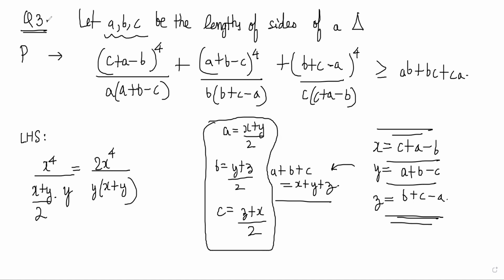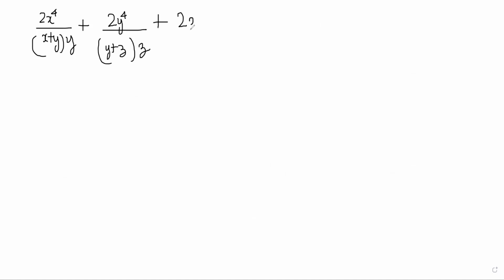So let's write the inequality in terms of x, y, and z now. It is 2x⁴ / (y(x + y)) + 2y⁴ / (z(y + z)) + 2z⁴ / (x(z + x)).